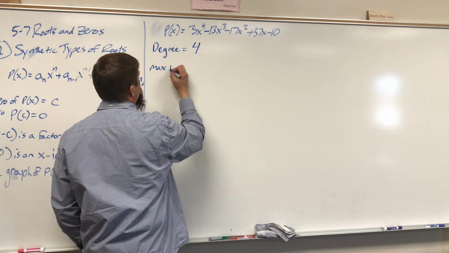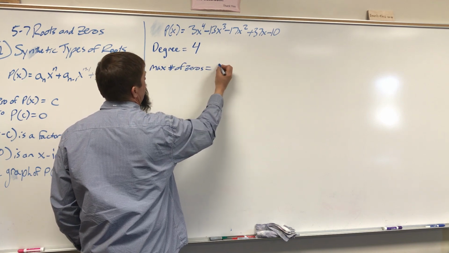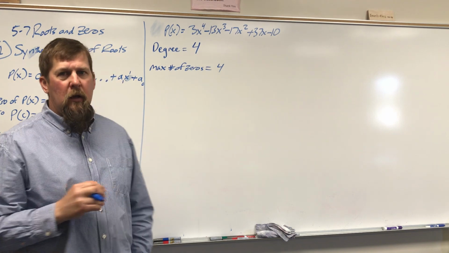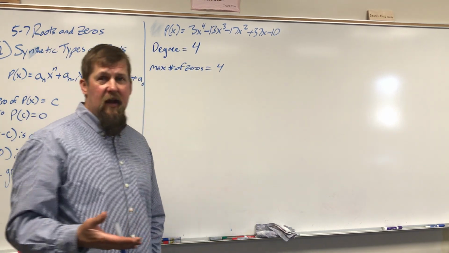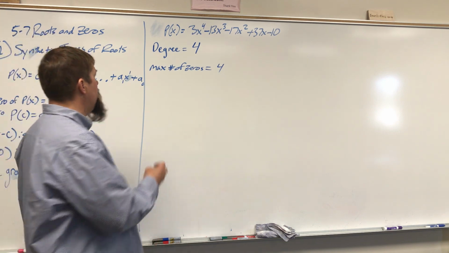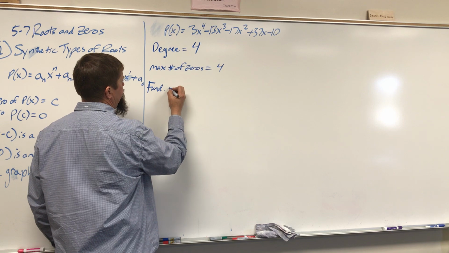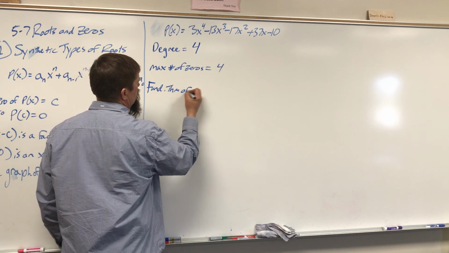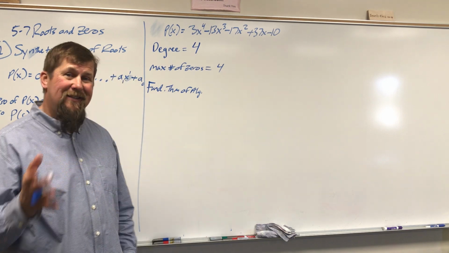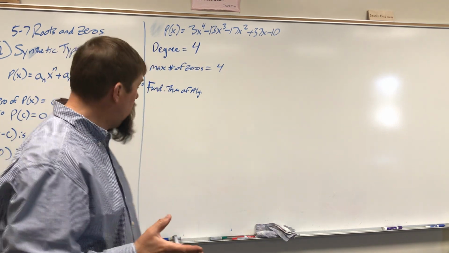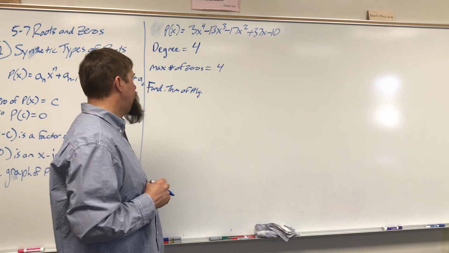Now, in this section, and I've already mentioned this ahead of time, there's something called the fundamental theorem of algebra. The fundamental theorem of algebra basically says that when you have a polynomial, there is at least one zero.